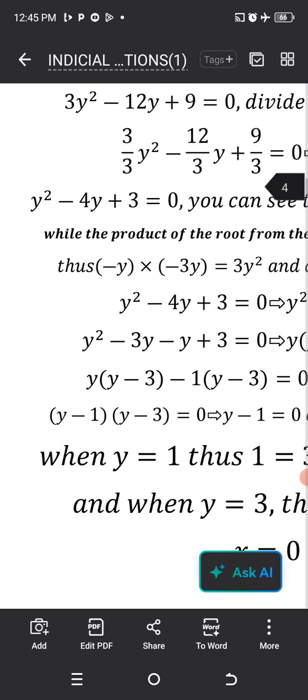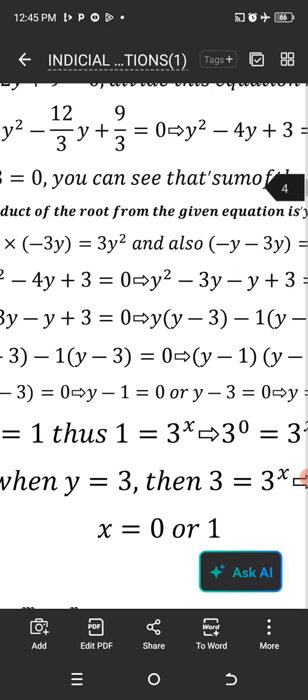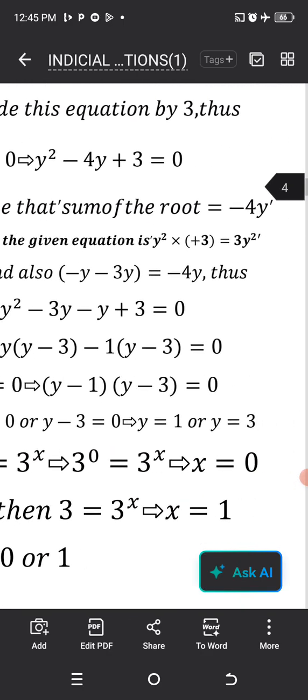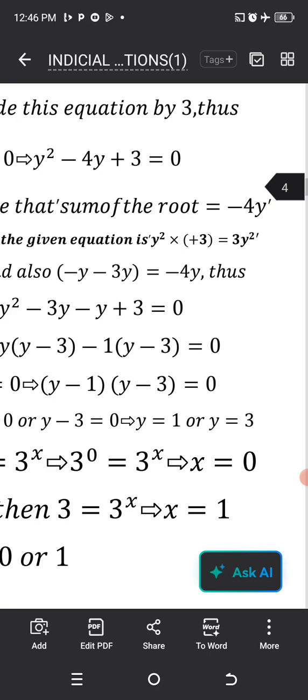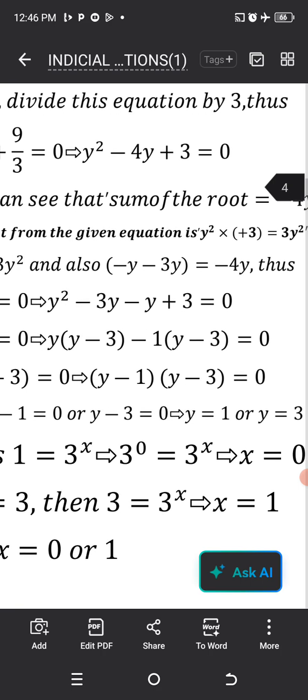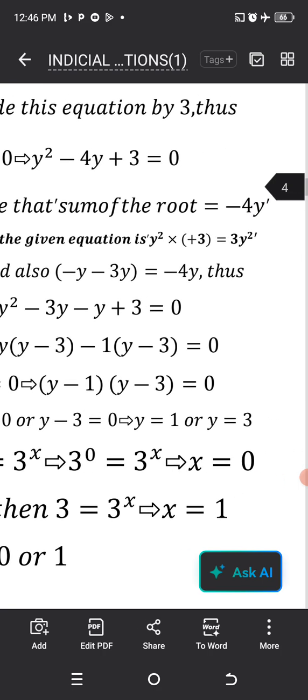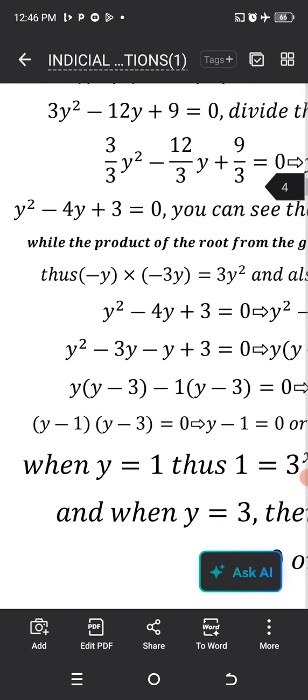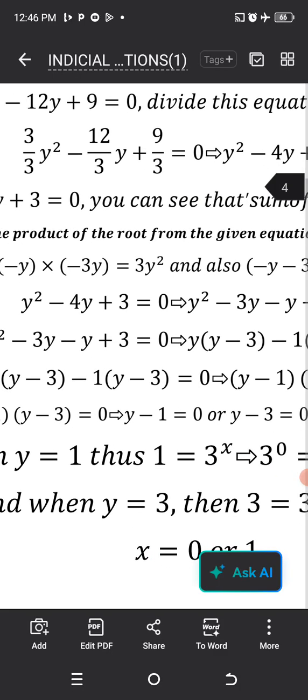That's why I wrote here the sum of the roots and the product of the roots. You can see that the sum of the roots is minus 4y, and the product of the roots is y squared multiplied by plus 3. So how can you simplify? From my own thinking, I deduce that minus y multiplied by minus 3y will definitely give you 3y squared.